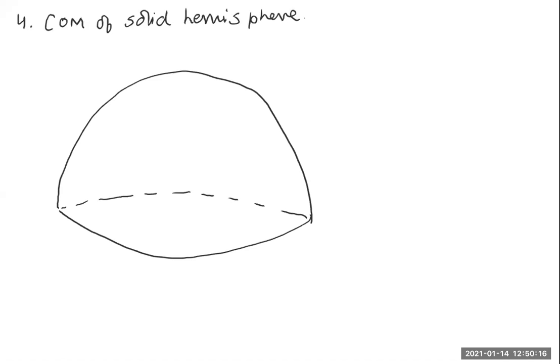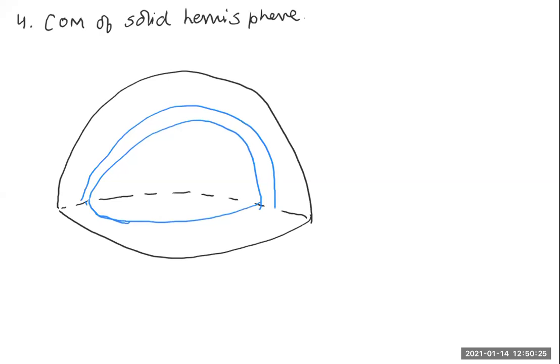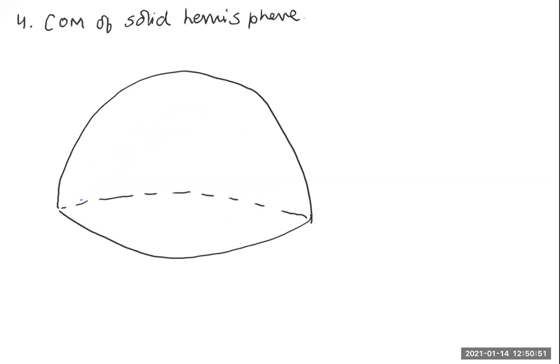So I know that the solid hemisphere is made up of infinite number of hollow hemispheres of increasing radii, out of which I choose one, like so.